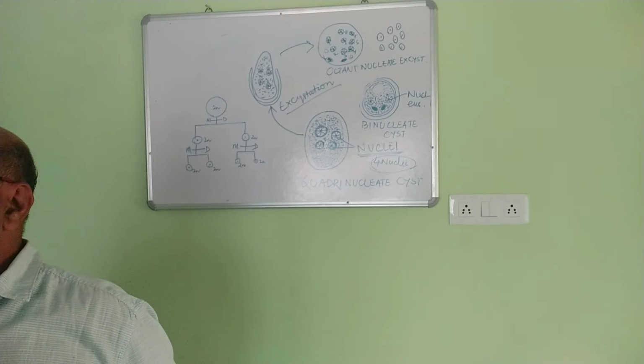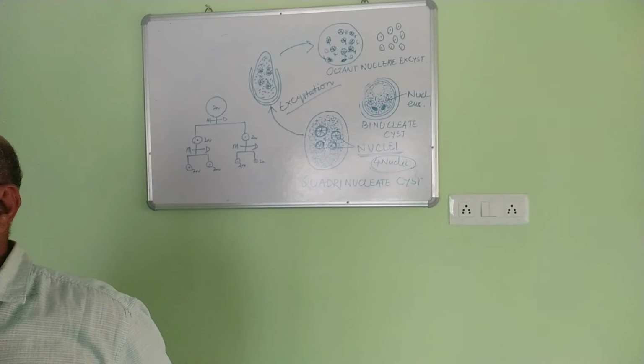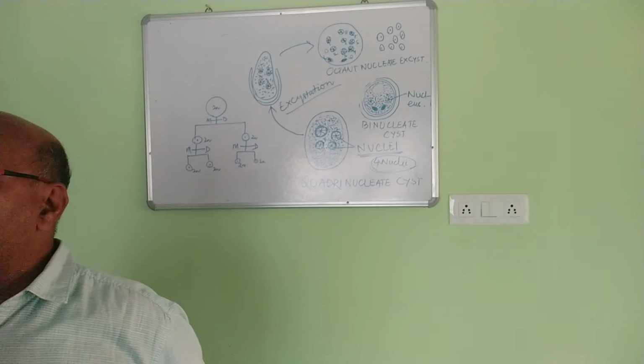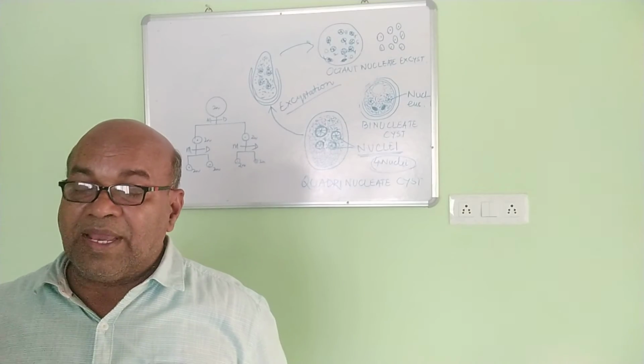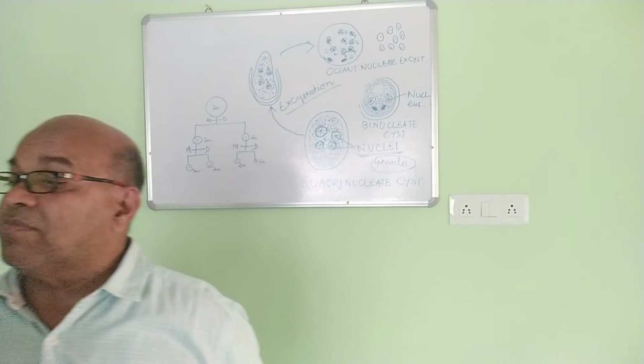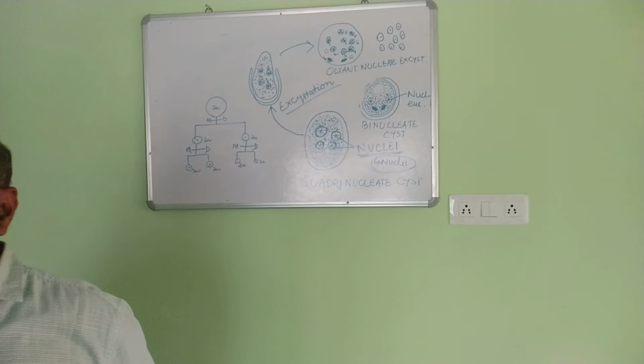Whenever the resistance of the host is lowered in infected people, these become pathogenic and change to the magna form, invade the intestinal wall, and make their way deep into the submucosa.